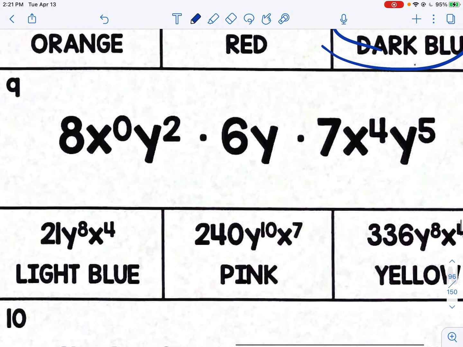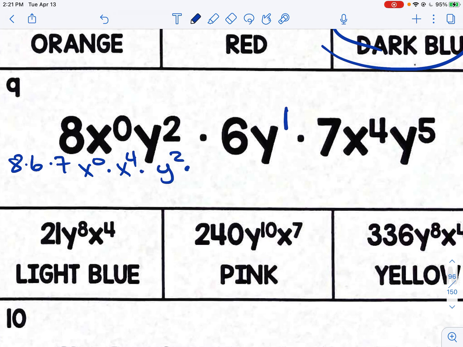Oh, I don't think I can do that multiplication in my head. 8 times 6 times 7, x to the 0 times x to the 4th, y to the 2nd times, this has got a 1 there, y to the 1st times y to the 5th. Yeah, I don't know that one off the top of my head.